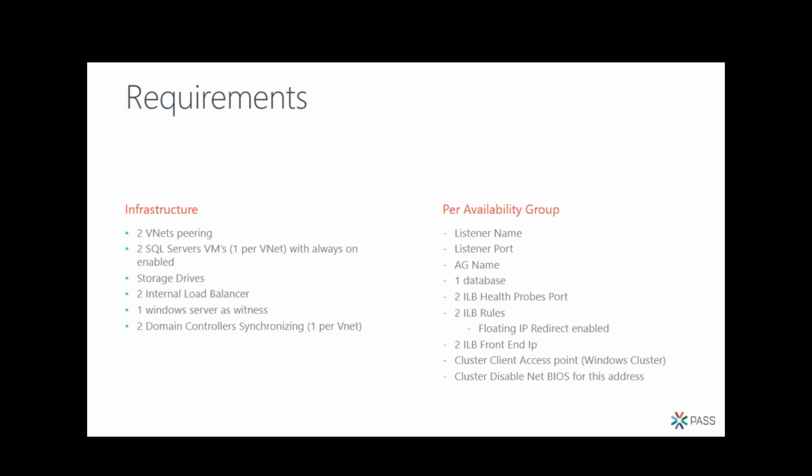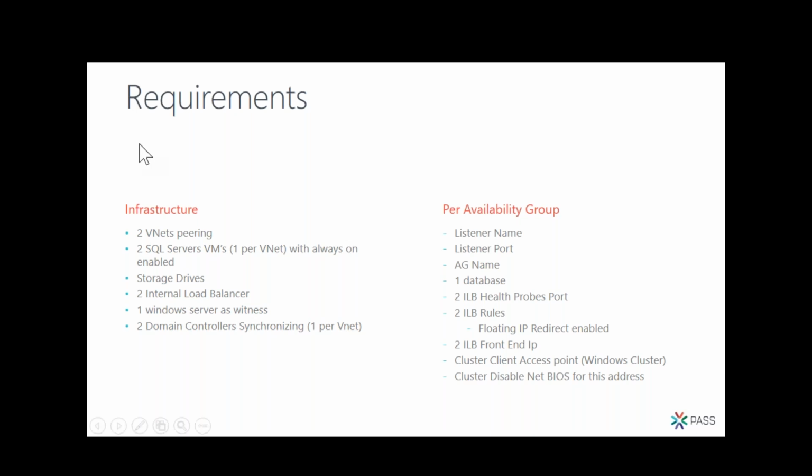What is required in order to create this environment? First, two VNets in peering mode, and two SQL Server VMs, one per VNet, with Always On availability enabled. Storage drives, of course. An internal load balancer.